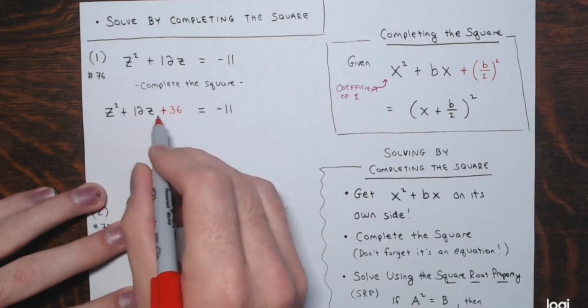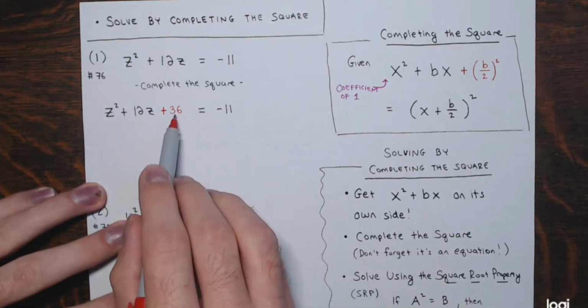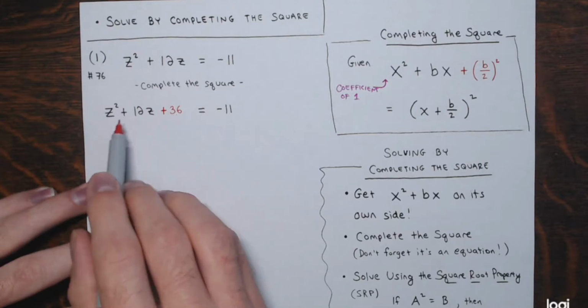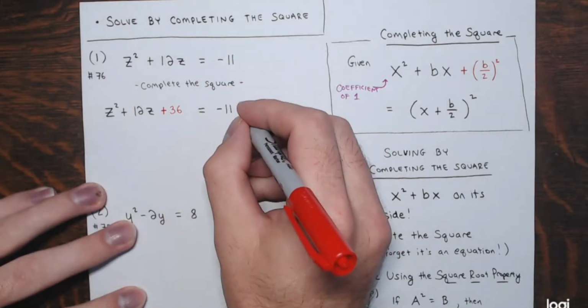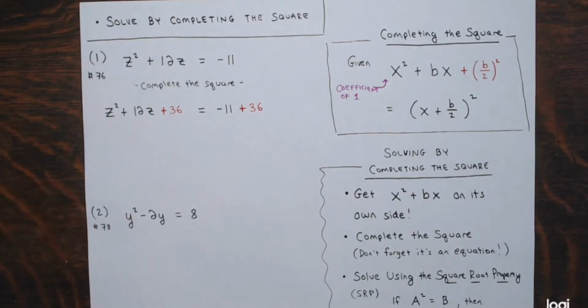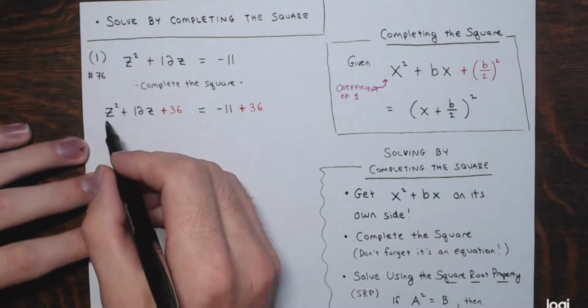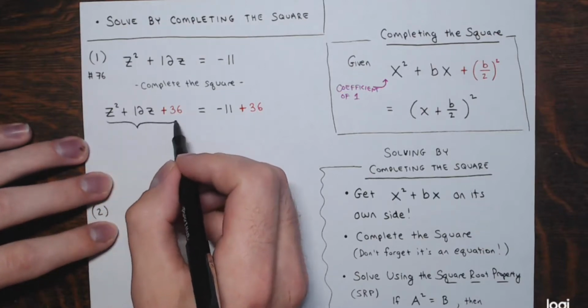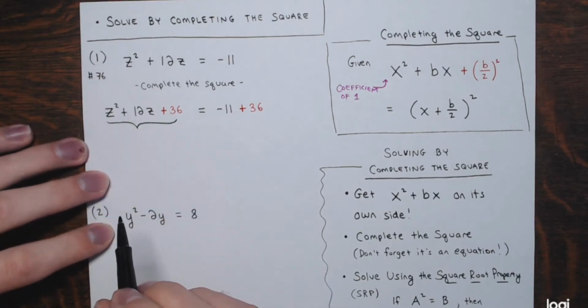to complete the square. Now, as I said here, right, don't forget it's an equation. So if I add 36 to the left side to complete the square on the z squared plus 12z, I must also add 36 to the right side. Now the whole reason for adding this 36 was to change this binomial into a perfect square trinomial, right, to complete the square.